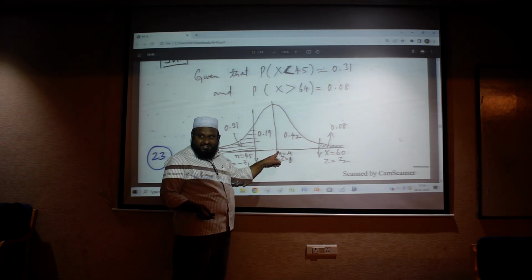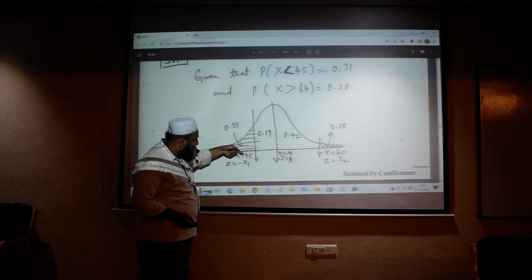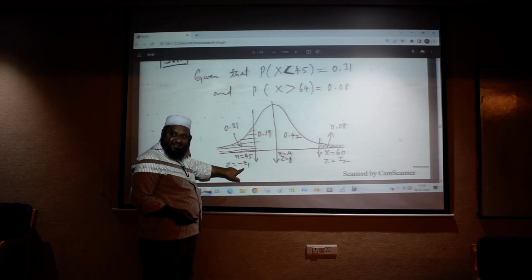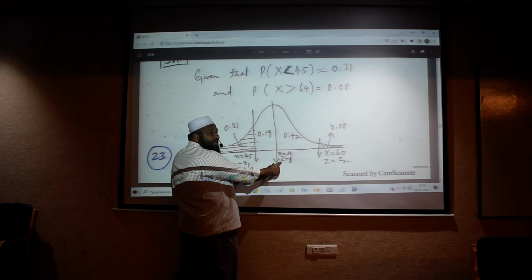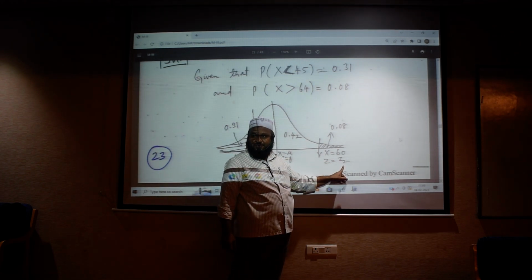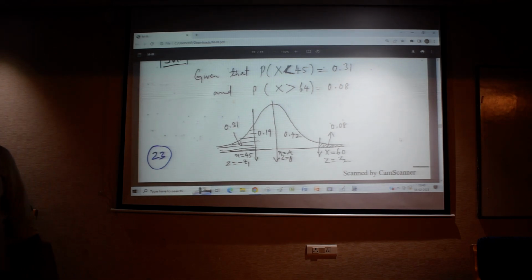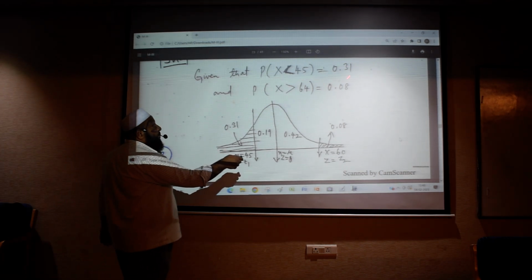When X is mu, Z will be 0. For 45 we don't know, so it will be minus z1 because 0 is here, and it is plus z2 on the other side.